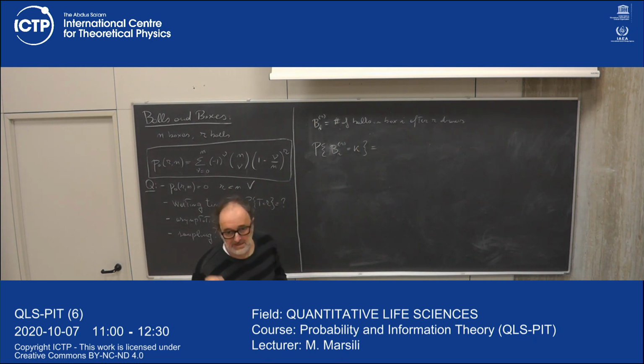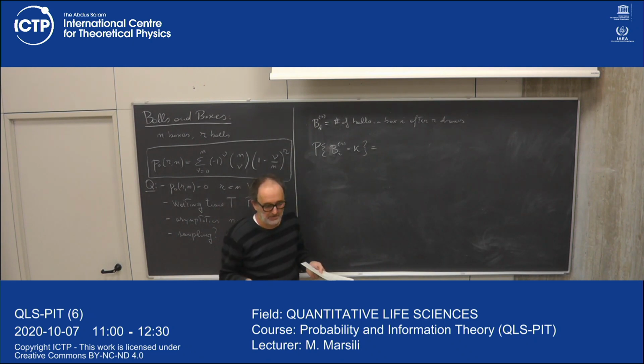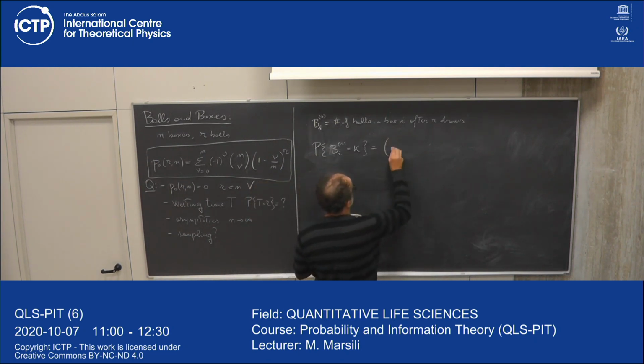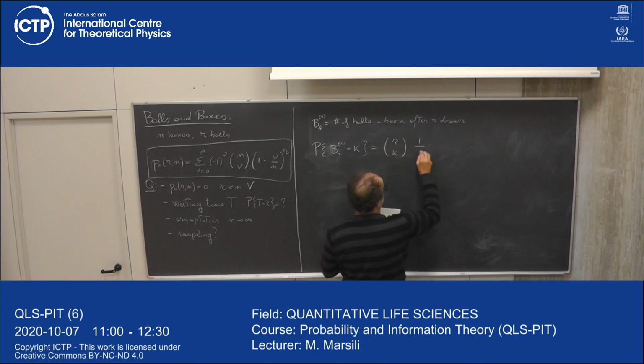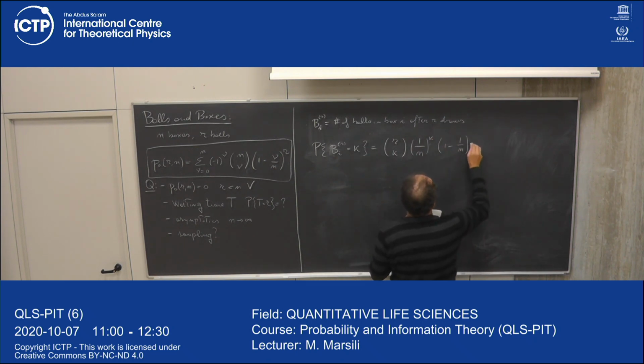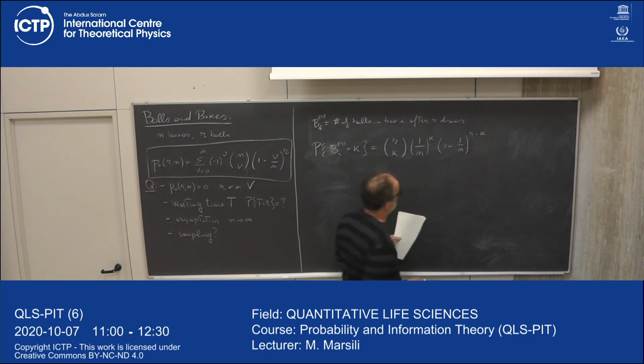Now, the problem is simple because this is just a problem of Bernoulli trials. Every ball that you draw either goes in box i or it doesn't, and the probability that it goes into box i is just 1 over n. So this probability is just R choose k times 1 over n to the k, times 1 minus 1 over n to the R minus k.